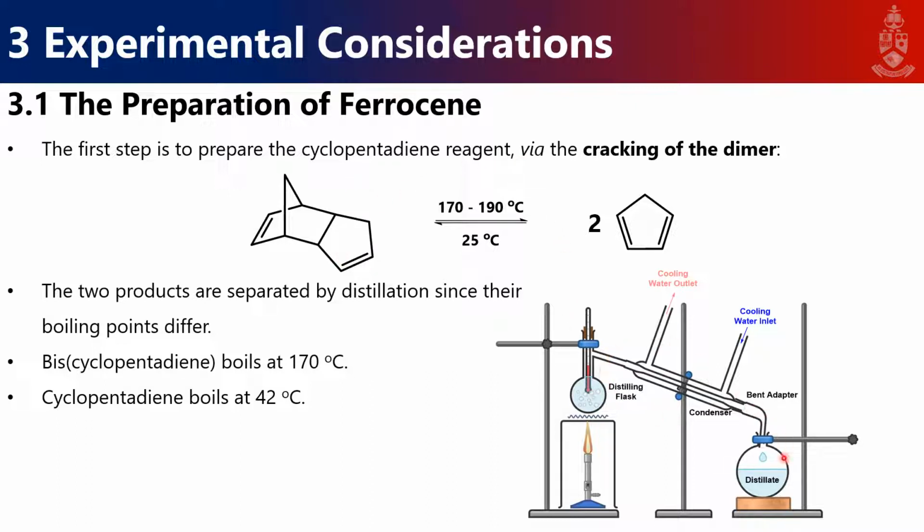And then we remove this product to the distillate, which we keep below 25 degrees Celsius to ensure that we don't have dimerization back to the dicyclopentadiene. Then you will collect your Cp for the start of your reaction.